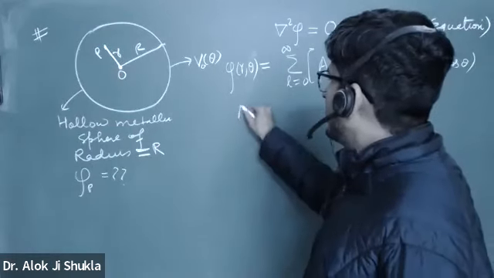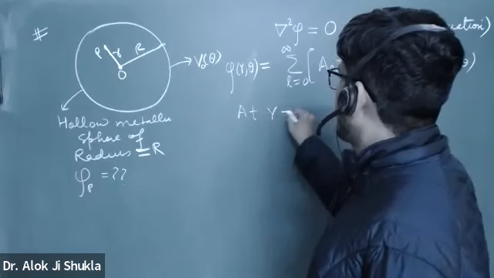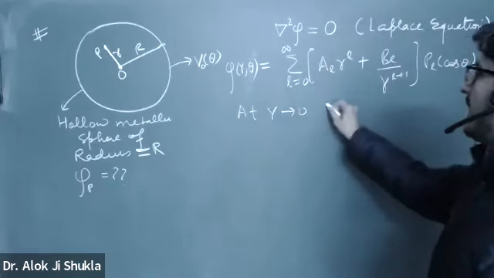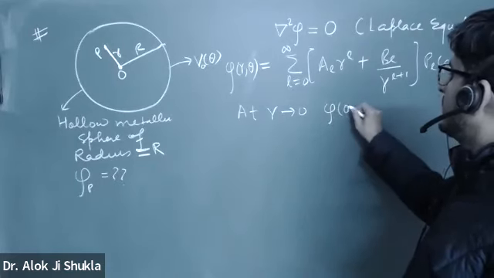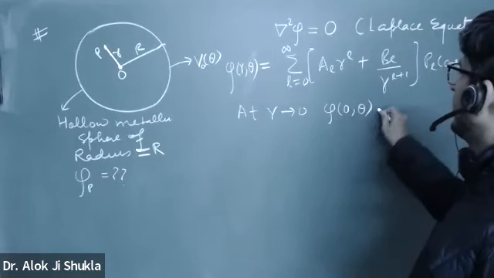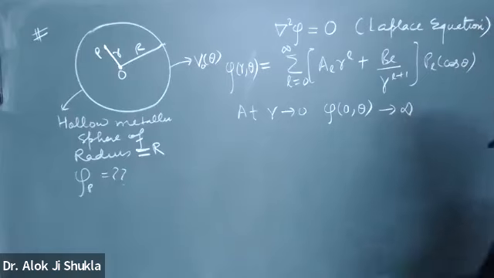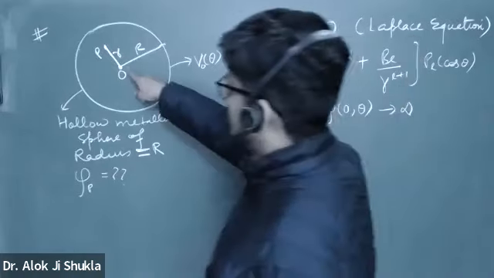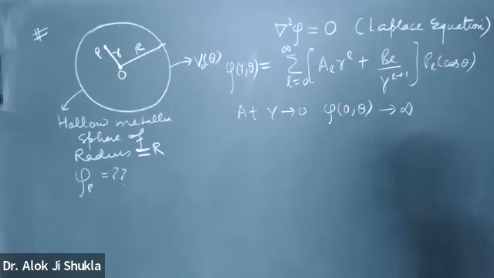So if I come to the origin, because of this term, our potential at the origin, coming from any angle, will become infinity, yes or no? But if I come to this point at the origin, what will happen?